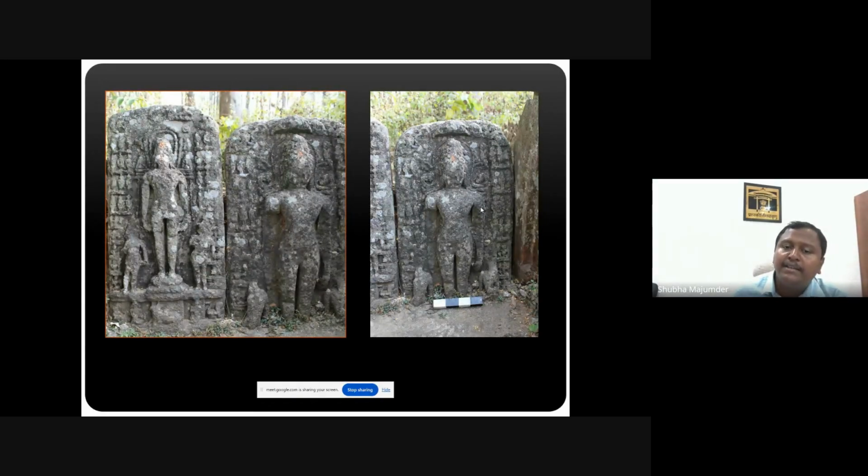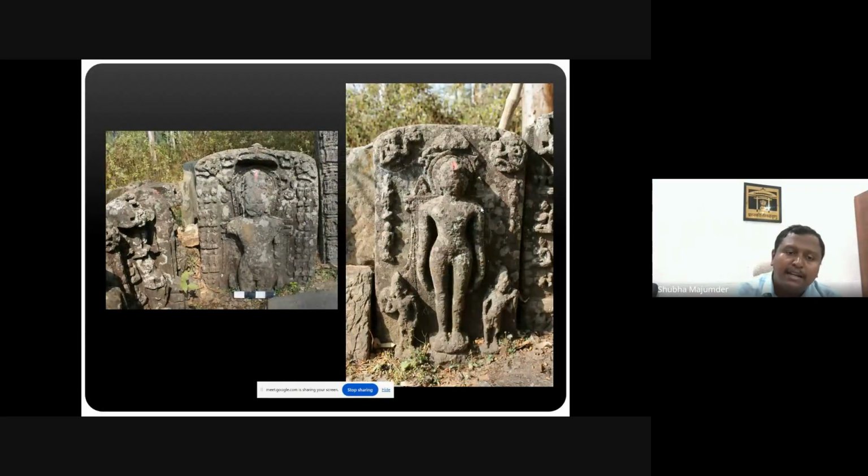But interestingly, in this case, you can understand the massiveness and the popularity of Rishabhnath in this particular site. And again, the Rishabhnath image, unfortunately the lower part is damaged. The 24 Tirthankara in four rows we can see, and the Chhatrabali, the Vidyadharas, the garland bearers and the drummers are also depicted, and the halo is clearly decorated with beads and leaf shapes, and the jata is really different from the earlier images.